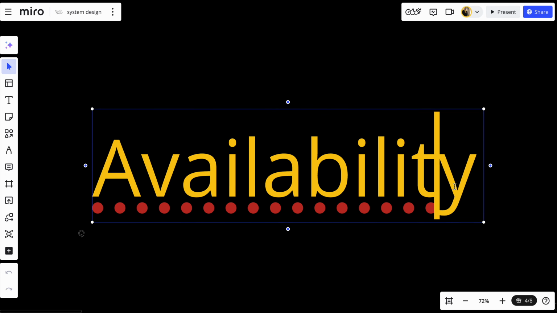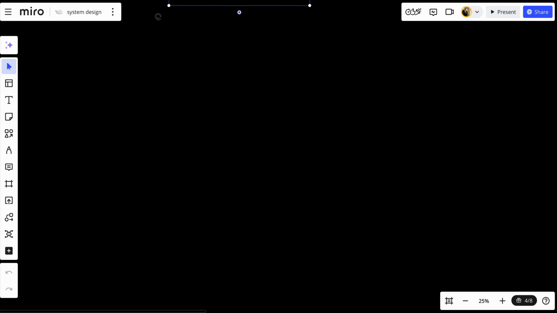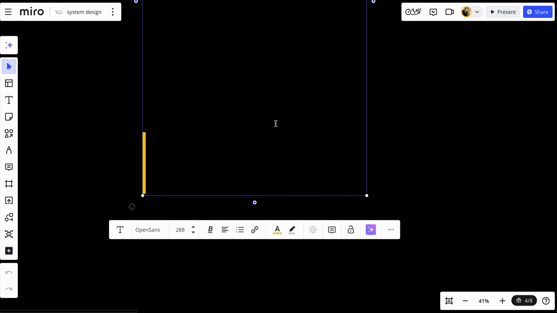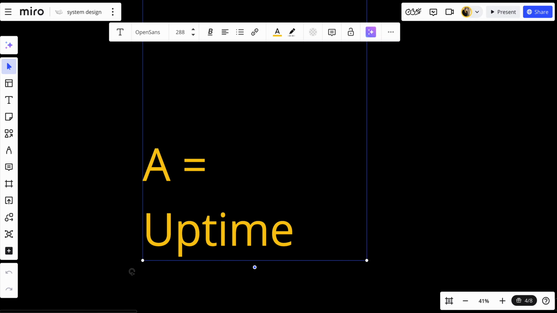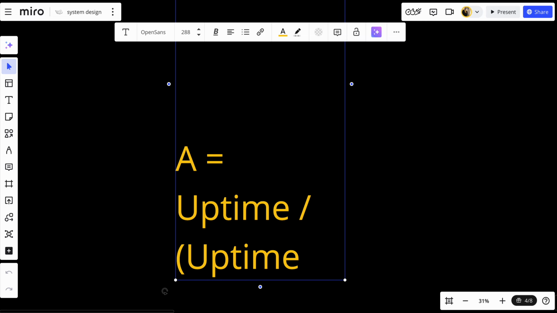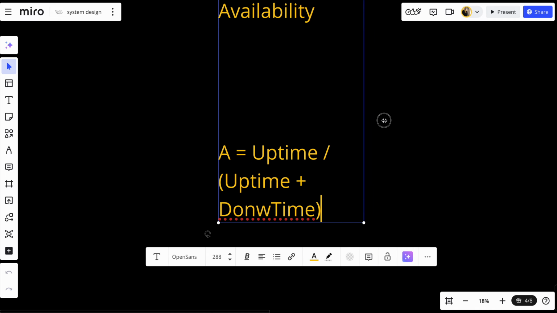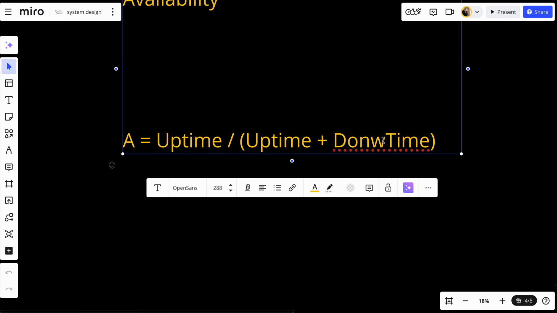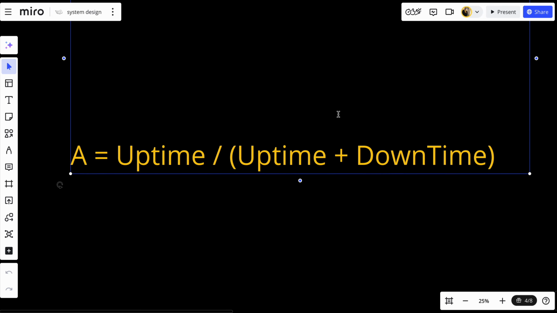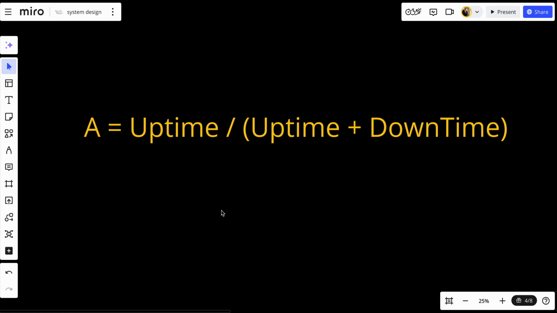Availability equals uptime divided by uptime plus downtime, where uptime is the total period during which the system is fully functional and accessible, and downtime is a period during which the system is unavailable due to failures, maintenance, or other issues.